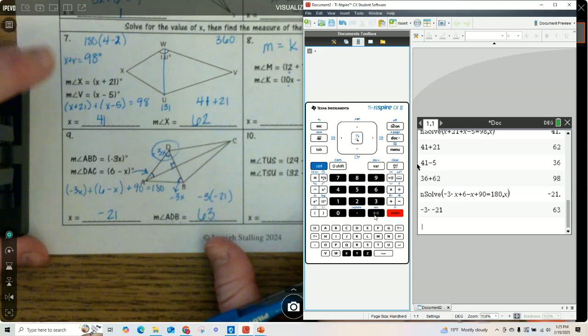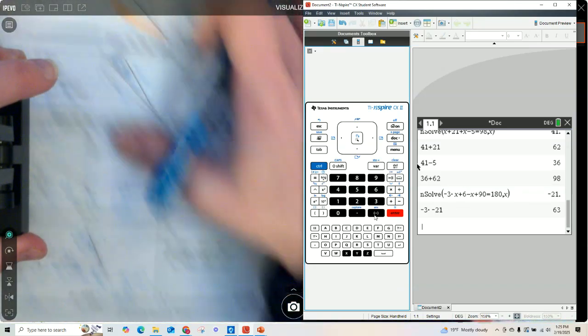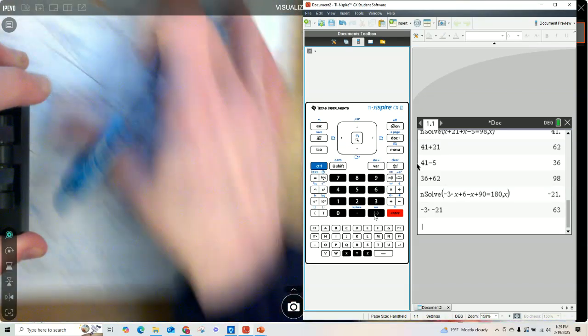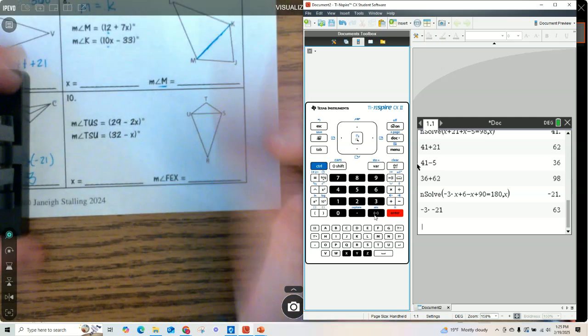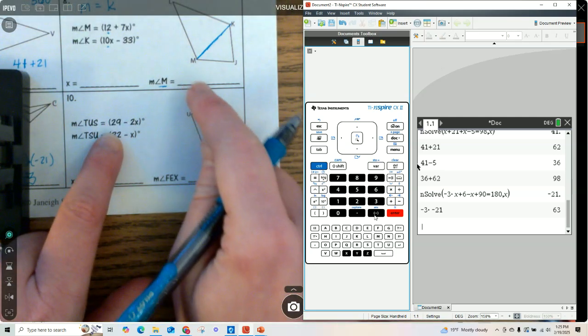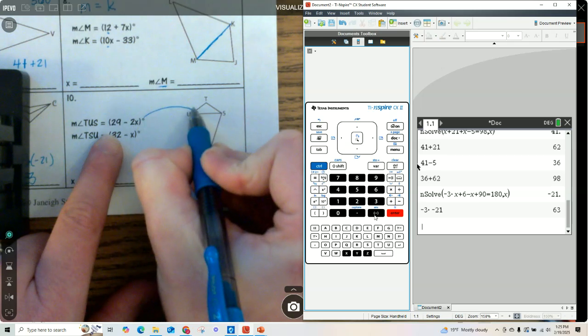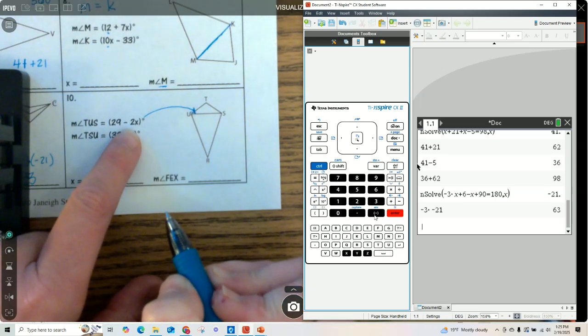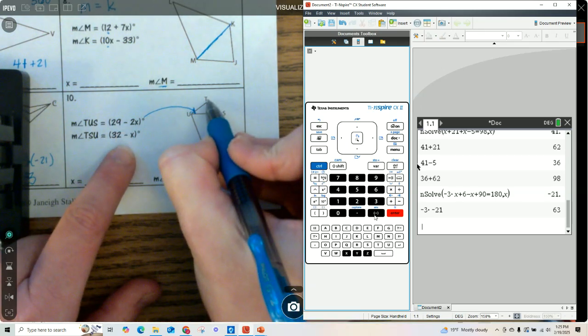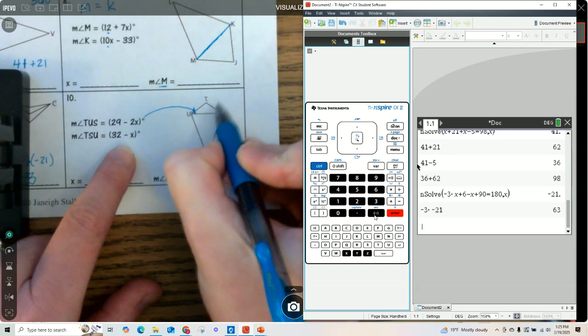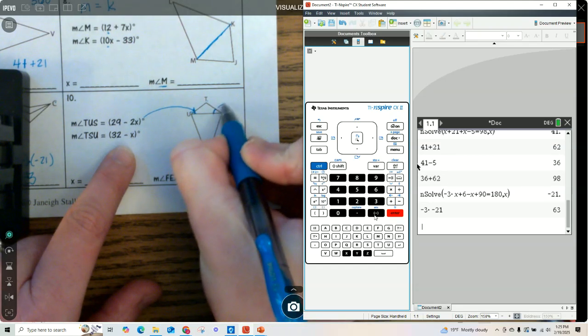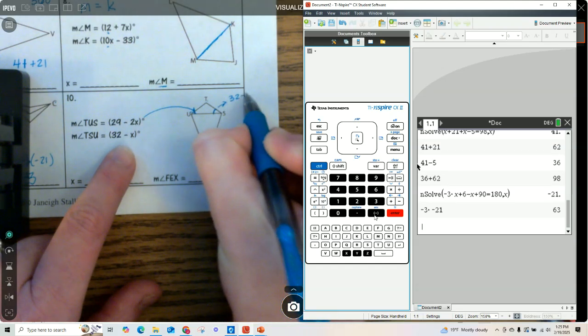All right, last one. 10. TUS, T to U to S, that's this piece. Is 29 minus 2x. TSU, T to S to U, that's this piece. Is 32 minus x.